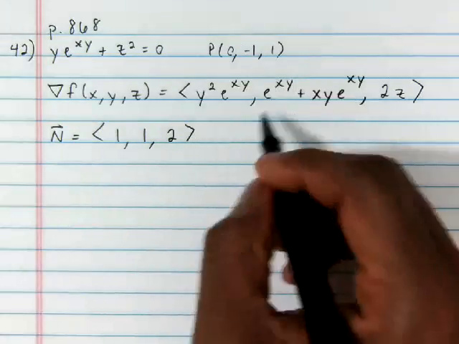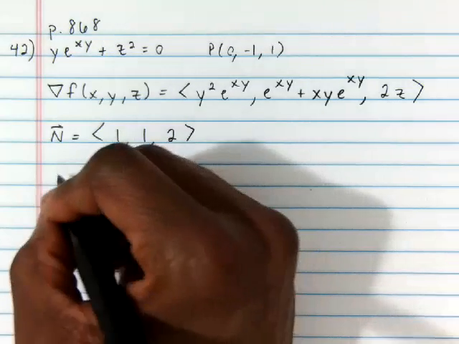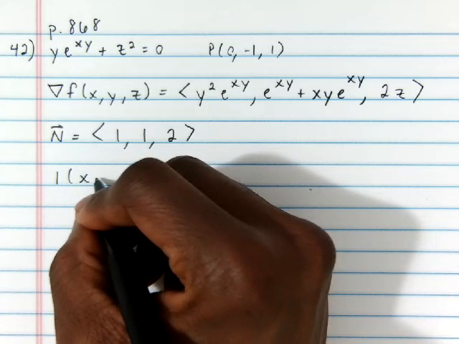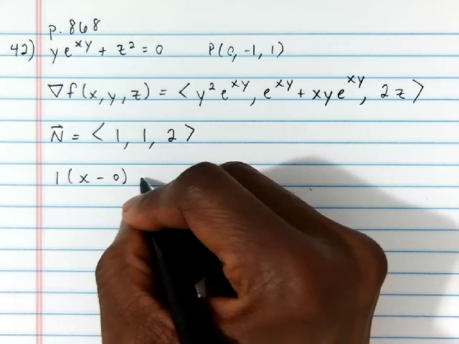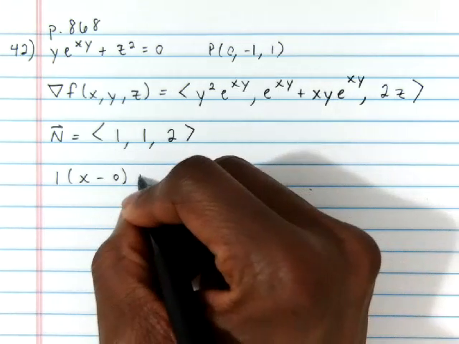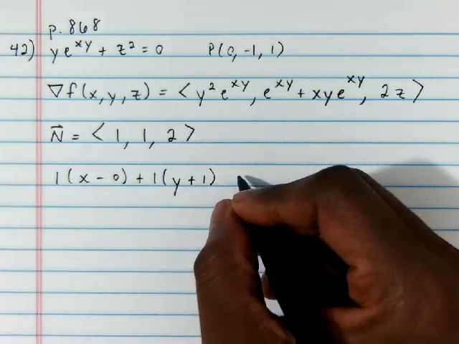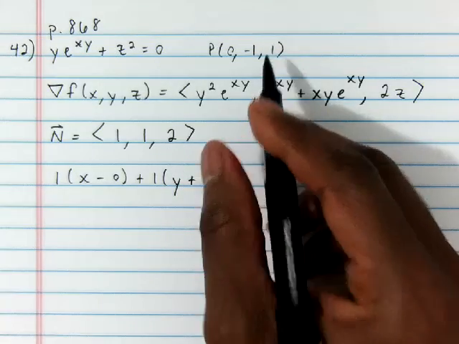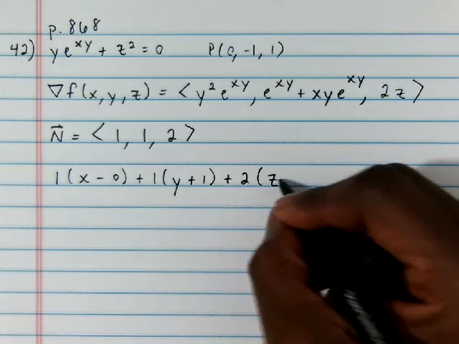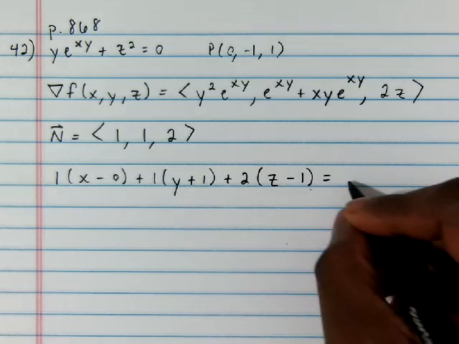Just plug in this point into these, and now the equation of a plane is going to be this f sub x then times x minus x naught, so x minus 0 for us, and then 1 times y minus y naught, so plus 1 times y minus -1, or y plus 1, and then plus 2 times z minus z naught, plus 2 times z minus 1 equals 0.